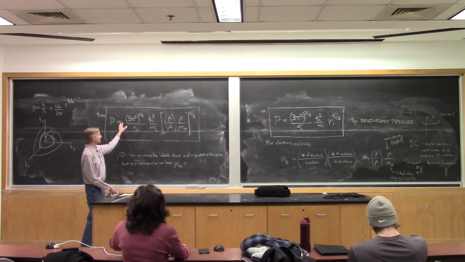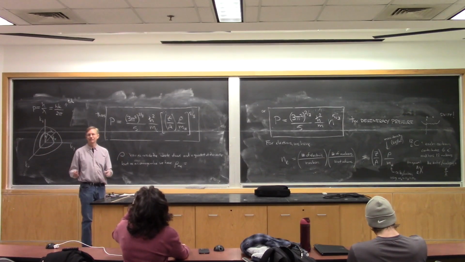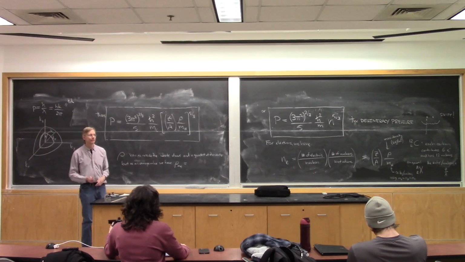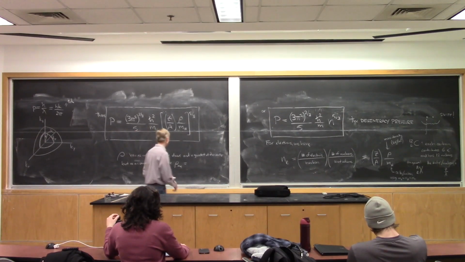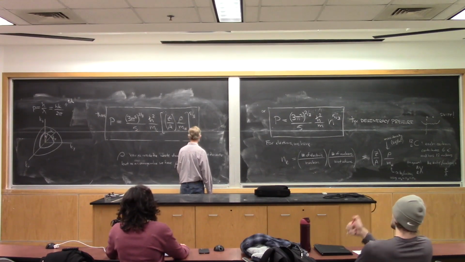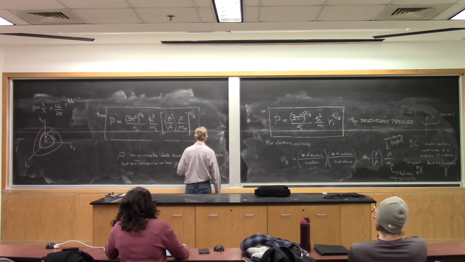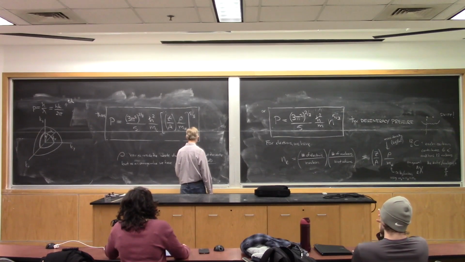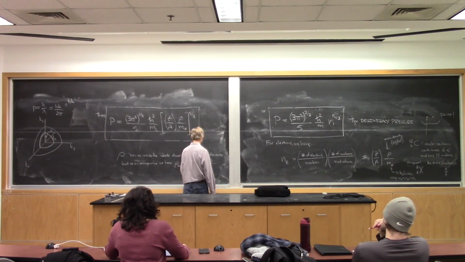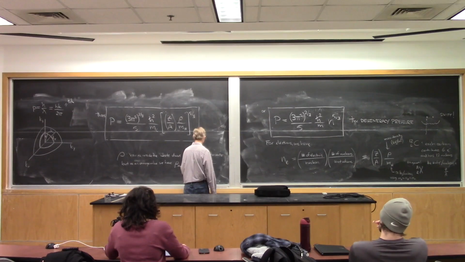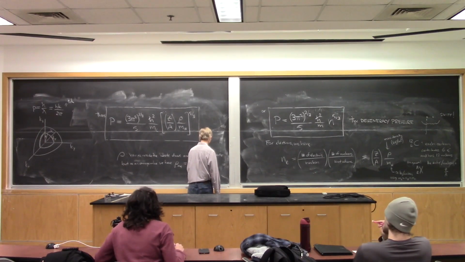And then you could plug this in there and get something like an estimate of the average degeneracy pressure inside of it. Mass of white dwarf over 4/3 pi times the radius of the white dwarf cubed.